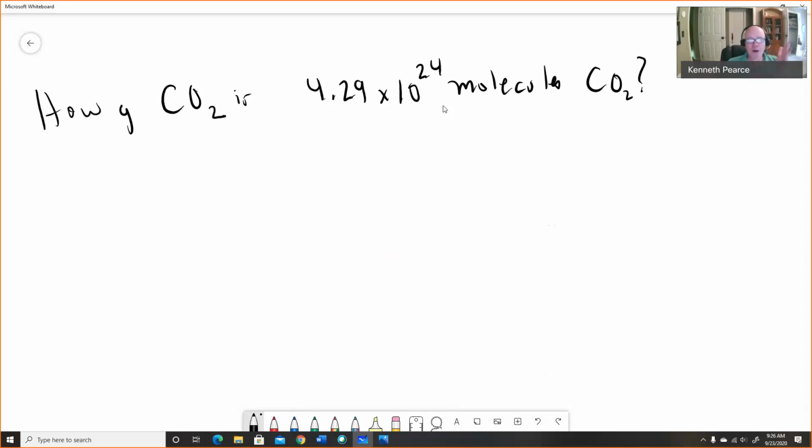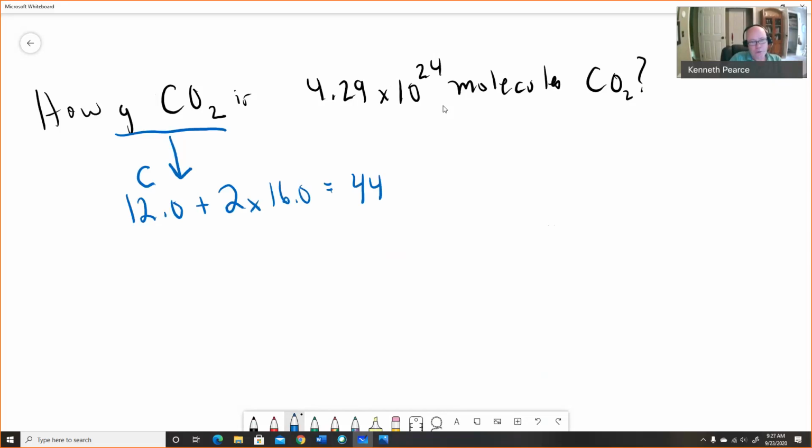Okay, so anywhere I see grams, I need the molar mass, but look, I also have molecules, so I'm going to need both. So let's go ahead and let's get the molar mass of CO2 first, and that is 12.0 for the carbon. We look on our periodic table, plus it has 2 oxygens, and there's 16.0 piece on the periodic table, and that's 12 plus 2 times 16, and I get 44.0 grams CO2 for every mole CO2.